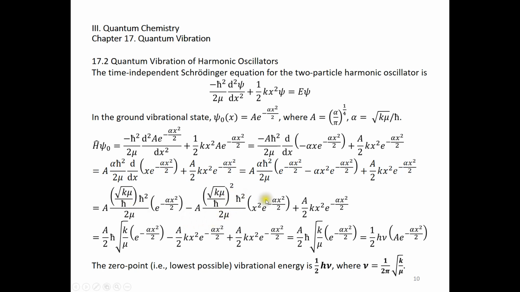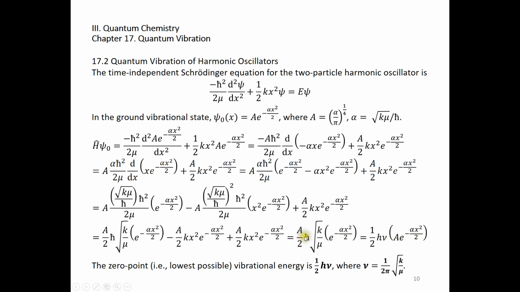We do all those cancellation or other simplification, we get this expression of 3 terms. Apparently the second term and the third term cancel. Only the first term here, and I'll just copy that to here, and we can express this as 1/2 h bar times the square root of k over mu, and then multiply by the wave function.